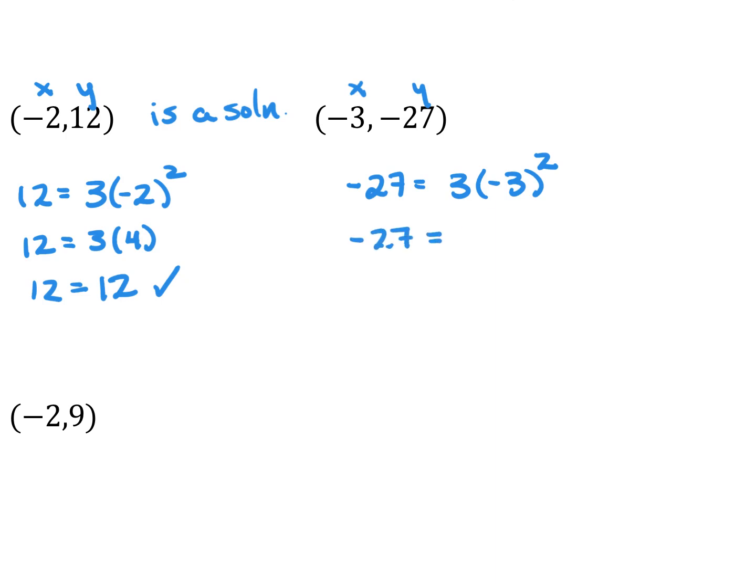We want to square -3. And if we multiply -3 times -3, we get +9. And if we multiply 3 times 9, we get 27. And is that equal to -27? And the answer is no. So (-3, -27) is not a solution.